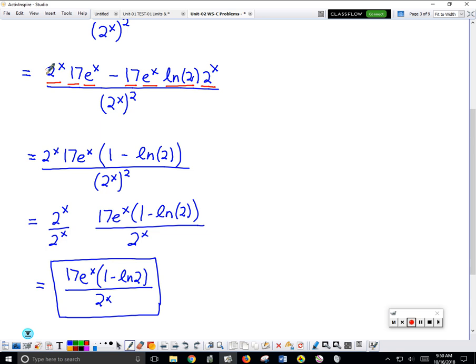So I take this and I divide by these. So when I take this divided by this, the result is 1. If I take this divided by this, the result is this.